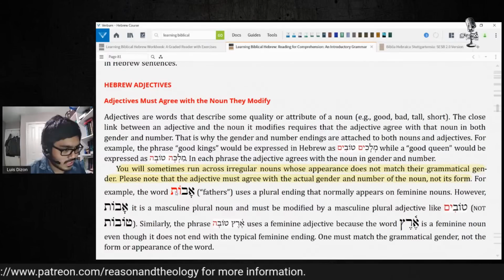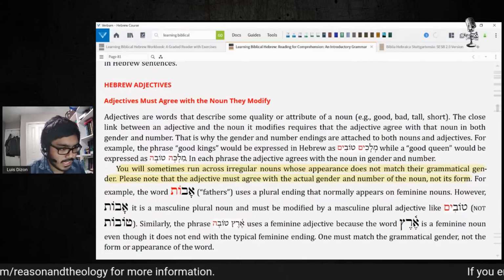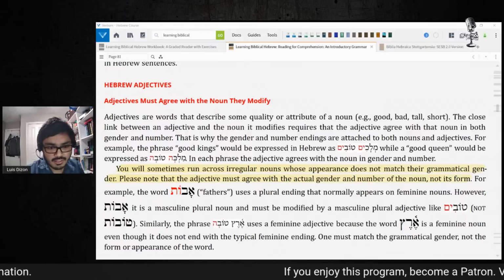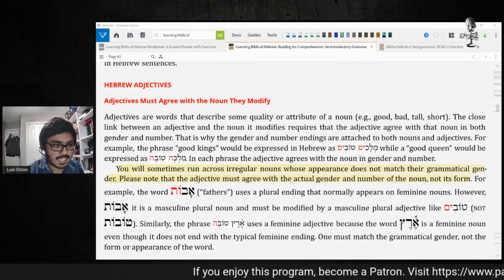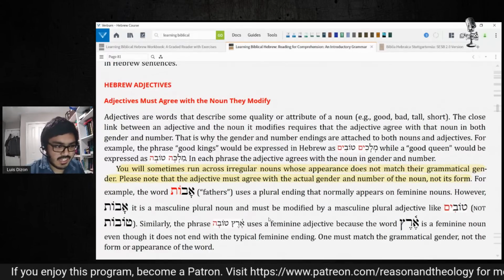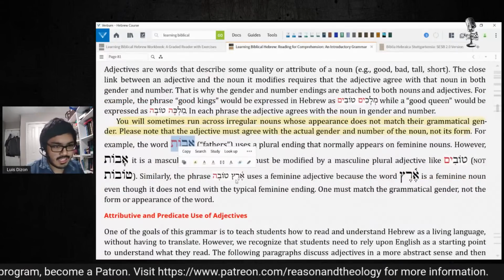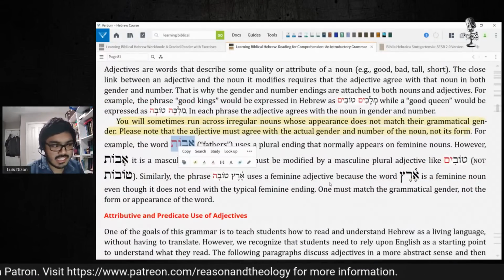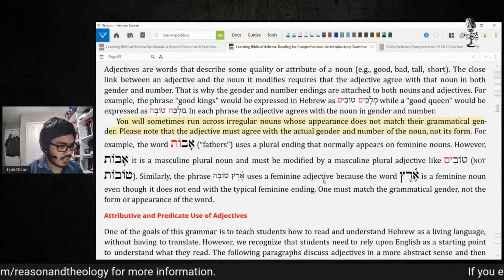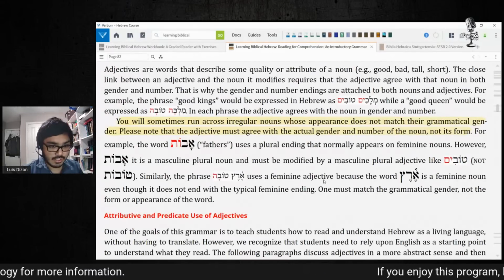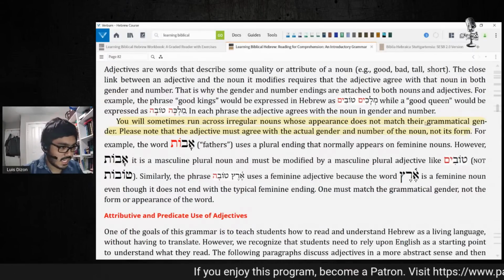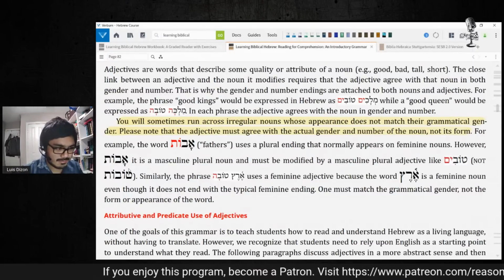You may recall, ot is the feminine plural ending, but avot means fathers, and fathers are obviously masculine, modern gender studies notwithstanding. So avot, even though it has a feminine plural ending, is still considered a masculine noun.